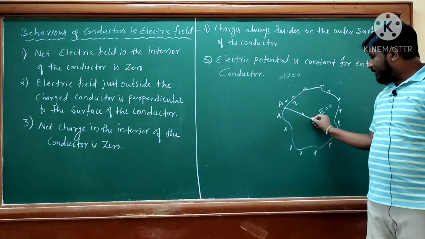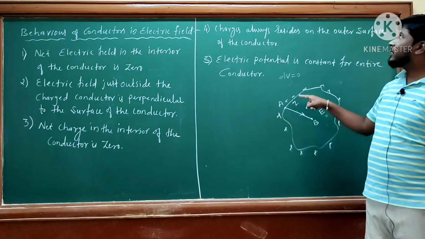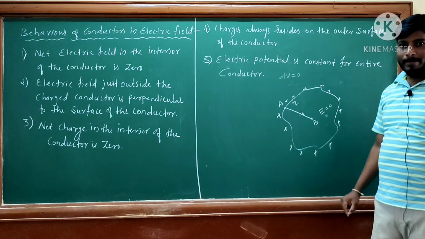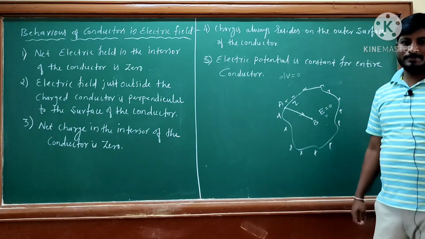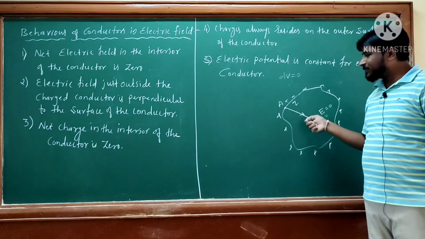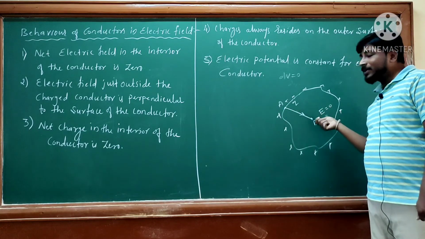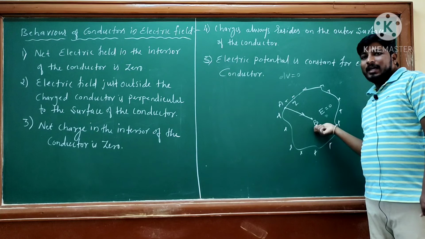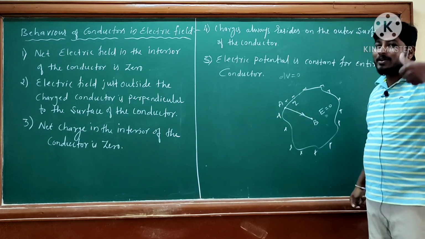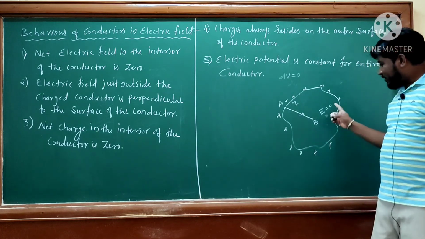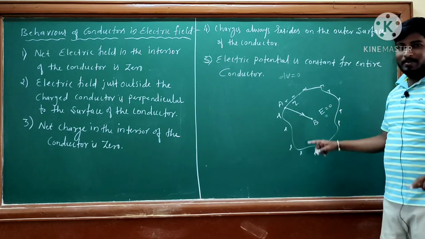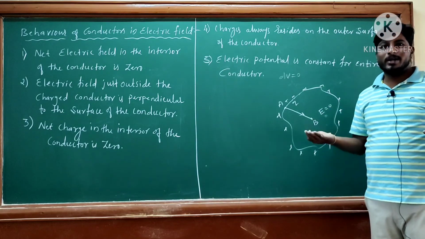Now if I bring the charge from point A to point B, I have to do some work to bring that charge. So the work done to move a charge from point A to point B against the electrostatic field, we have studied. Since there is no electric field, there is no work done.